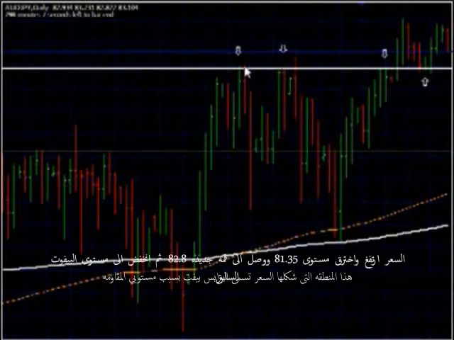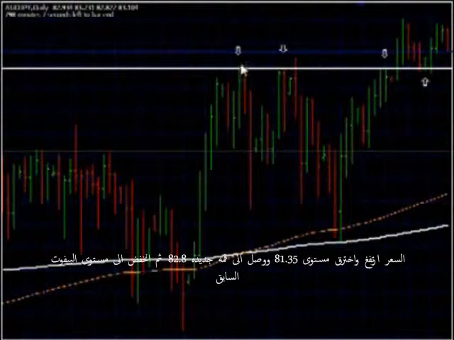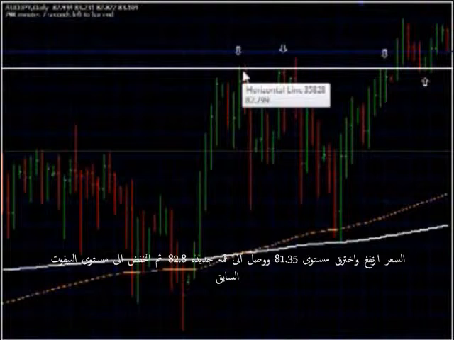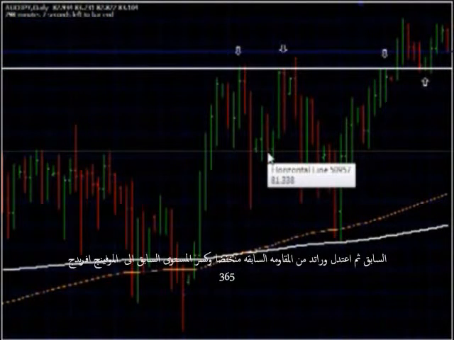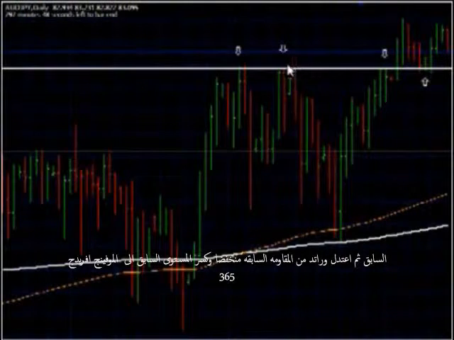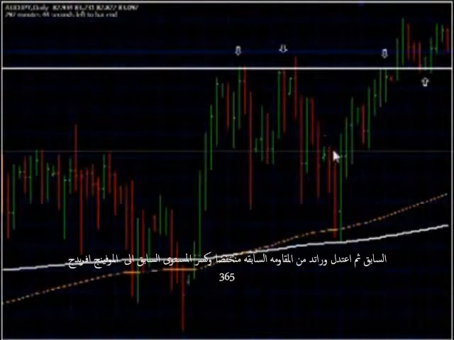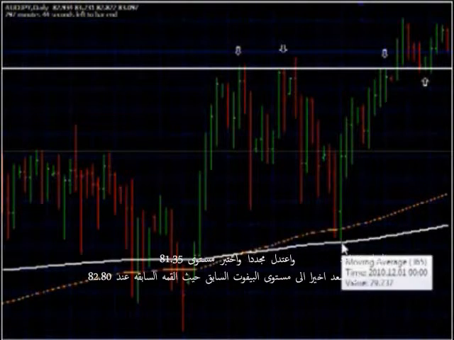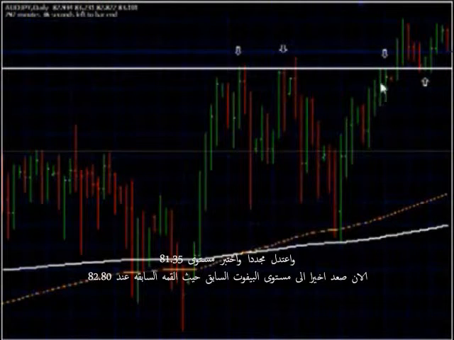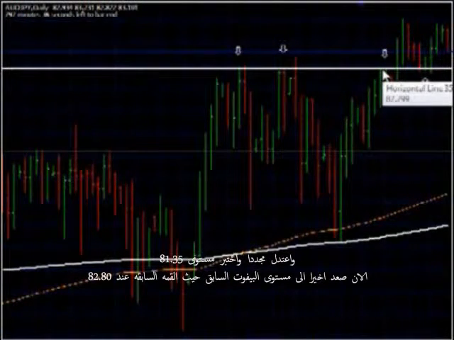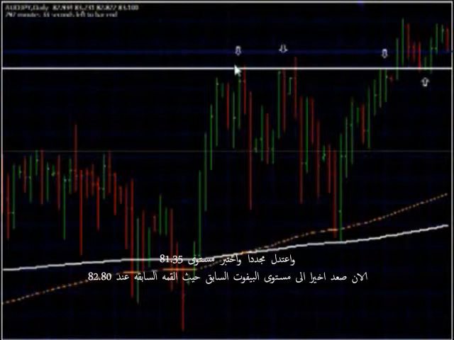Price moves up, breaks the 81.35, reaches the new high 82.8, comes back down, and back tests the previous price pivot. It goes back up, gets rejected by the previous high, comes back down, breaks through, touches the 365, goes back up, back tests the 81.35, and now moves up to the price pivot, the previous high at the 82.8.